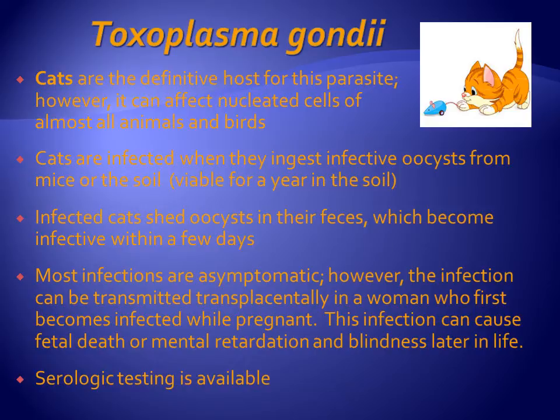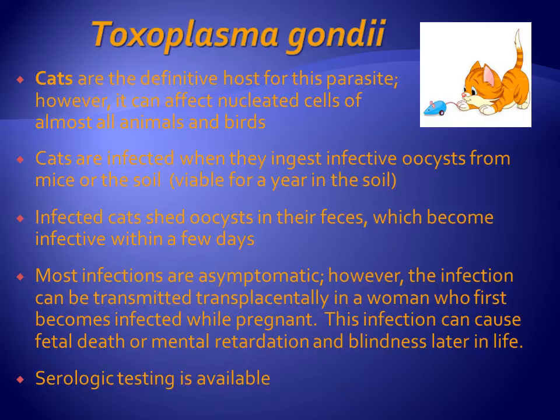If a human acquires the infection, and they're going to acquire the infection by ingesting the oocysts, most humans are also going to be asymptomatic. So you may have an asymptomatic cat giving this infection to a person who ends up asymptomatic as well. So we never even are aware that it occurs.